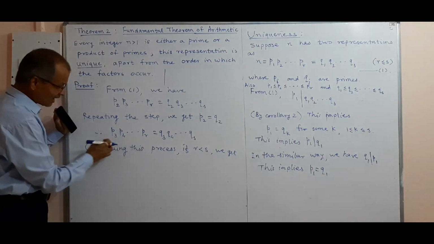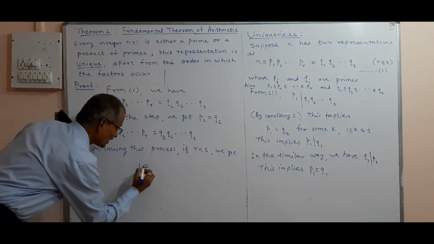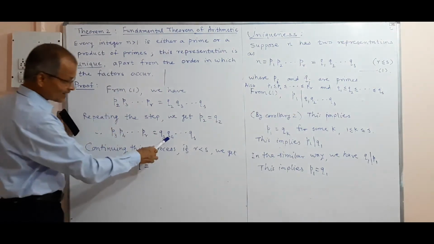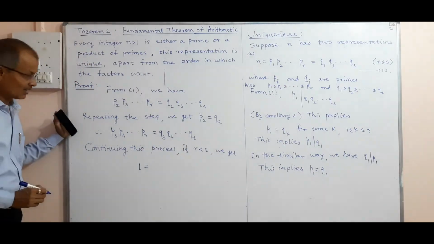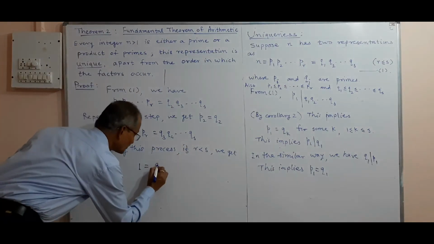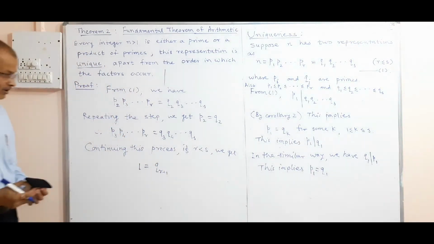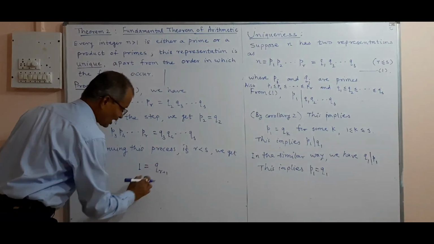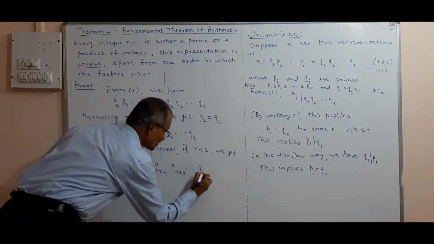So if all the R factors are cancelled, what will remain on the left side is 1, and on the right side, since R is less than S, the factors R plus 1 to S will remain: QR plus 1, QR plus 2 and last is QS.